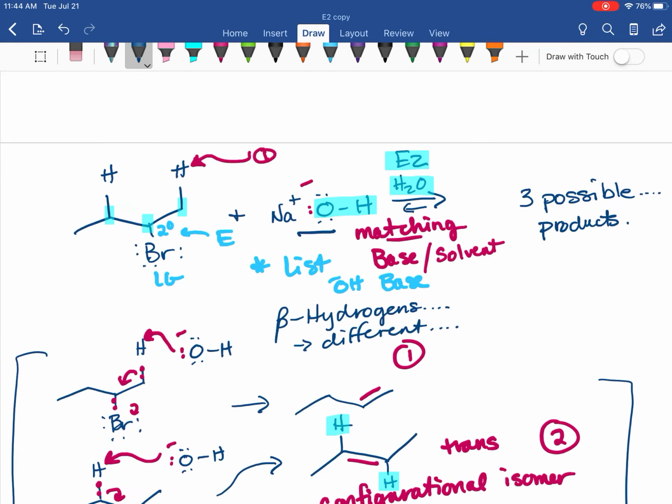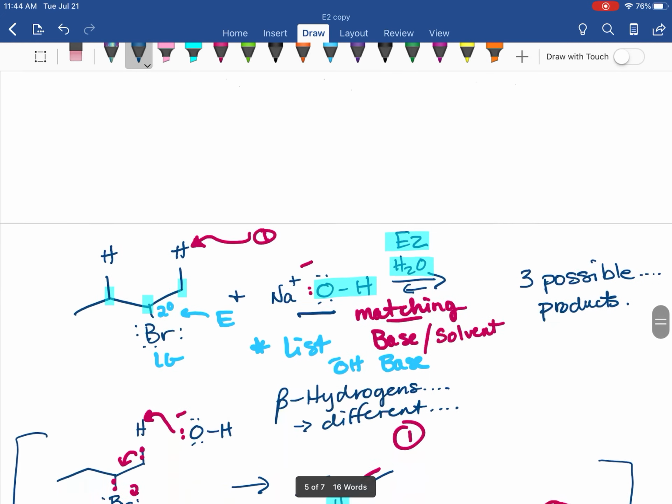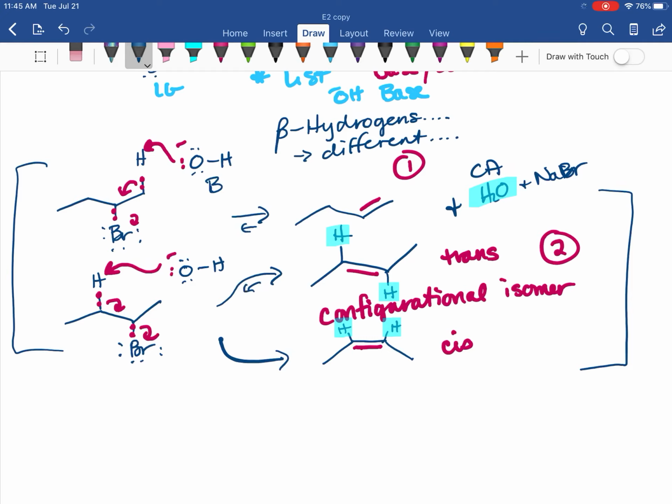The first thing I'm going to add to this is a little equilibrium arrow. When you use a base like sodium hydroxide and its conjugate acid, what are our other products here? Remember, what else do we make from these? We make water and salt. Oh, BR. So this is what we mean by matching. The conjugate acid to your base is the matching solvent.